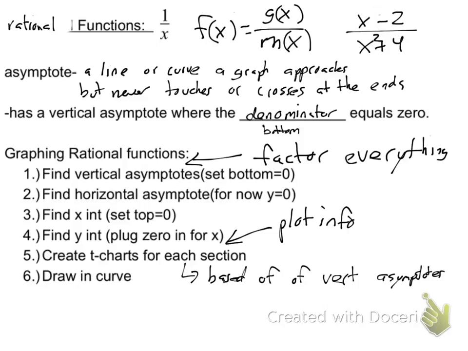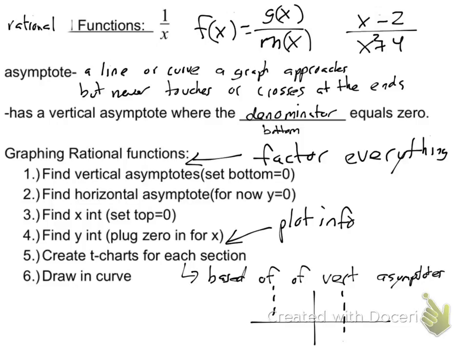If you have one vertical asymptote, it breaks your x's into two groups. Make two t-charts. Watch, I'll draw a little diagram here. If this is a vertical asymptote there, that dotted line, hopefully you see that I got the left side, and then I have a right side. That's two sides. I'll make two t-charts.